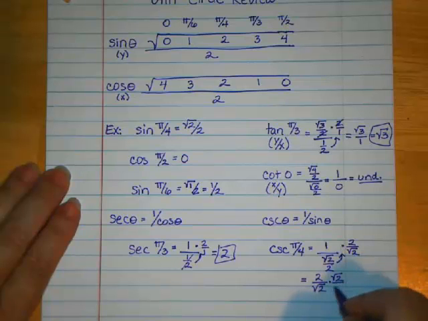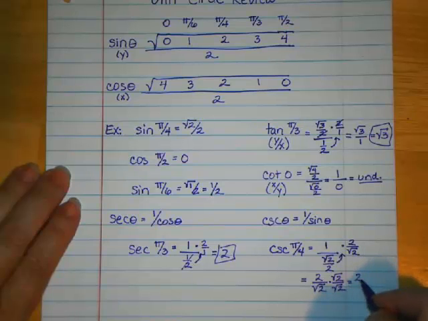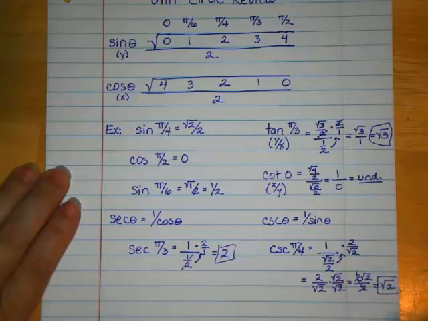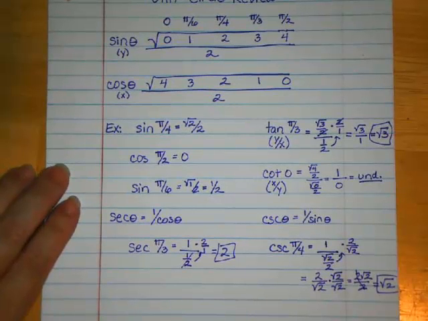So 1 times this radical, I'm going to have to move down here, is 2 over the square root of 2. I need to rationalize this, however. Square root of 2 over square root of 2. So that's 2 square roots of 2 over 2. The 2's cross out, and I'm down to the square root of 2.